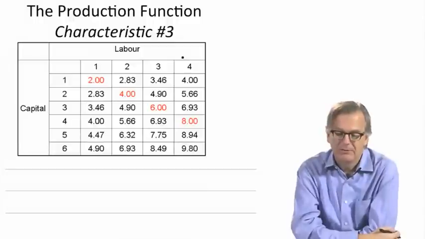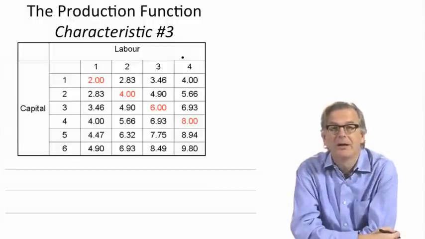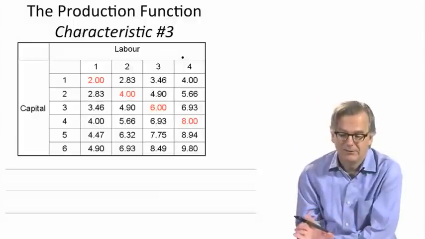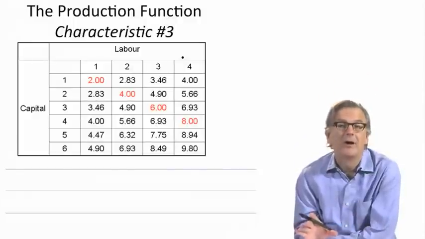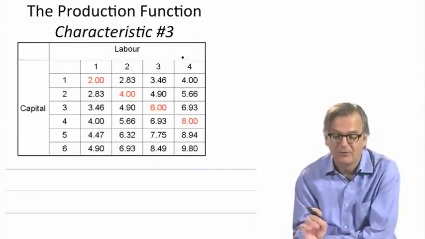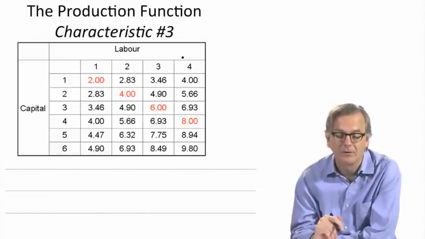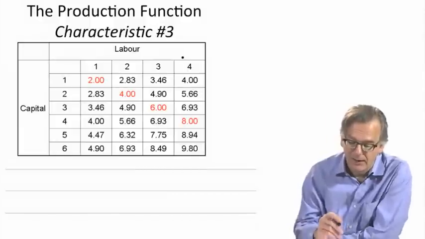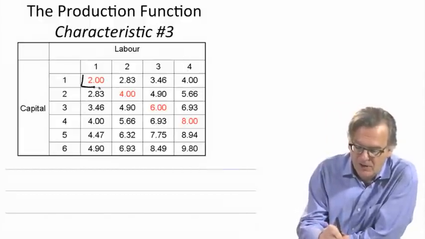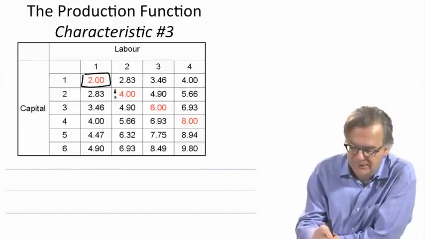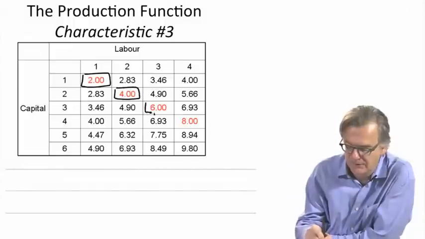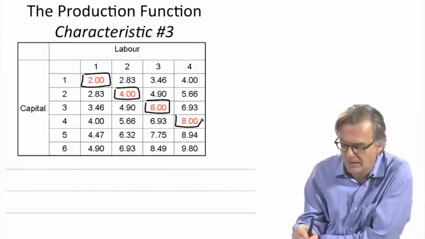And so by varying labour and capital simultaneously, I can, as you can see, complete the whole production table. So for all combinations of labour and capital, here I've recorded the resulting output.